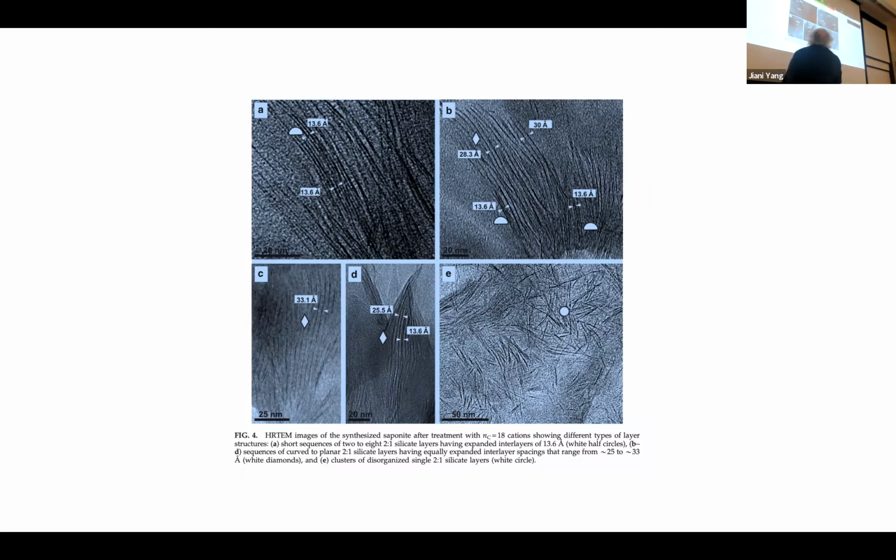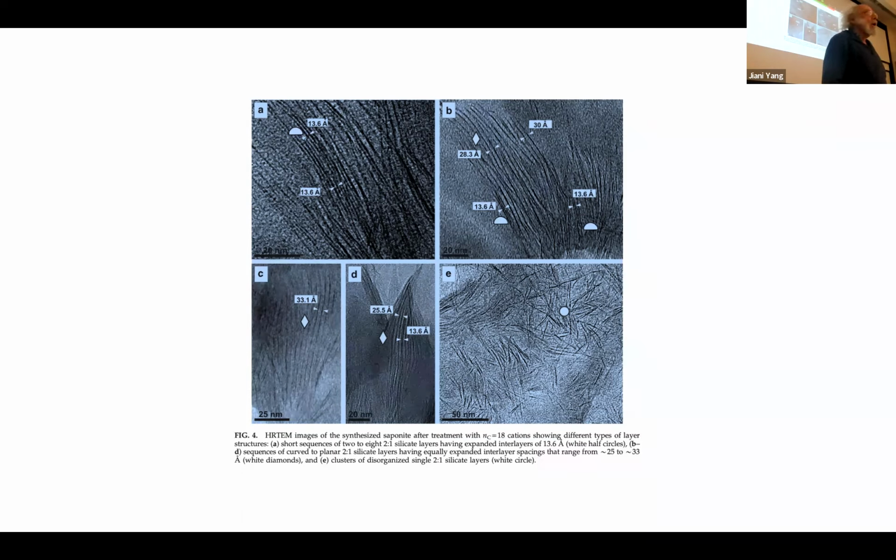And if you have smaller things like this, you have low charge, they're flat. So coming from the same gel, with the same compositions, you get these very different systems with high charge and low charge, under the same conditions.